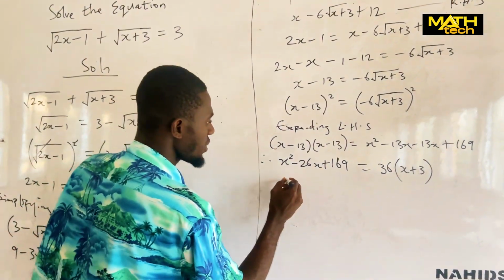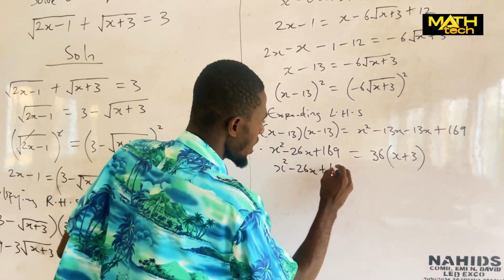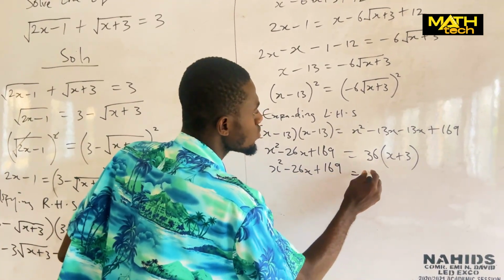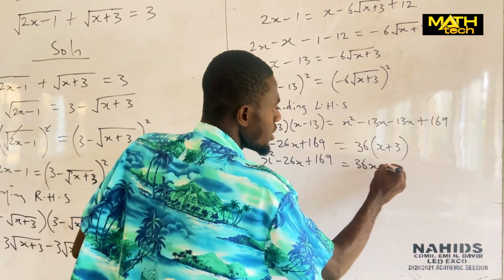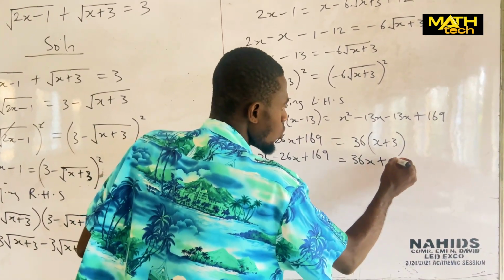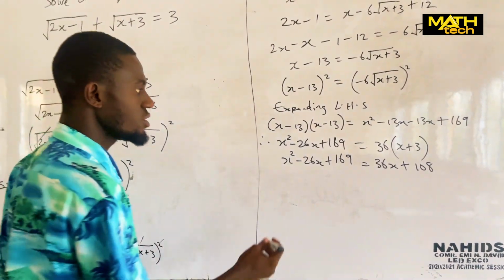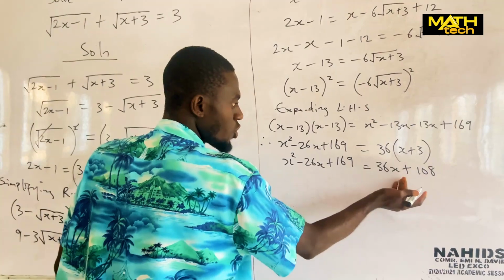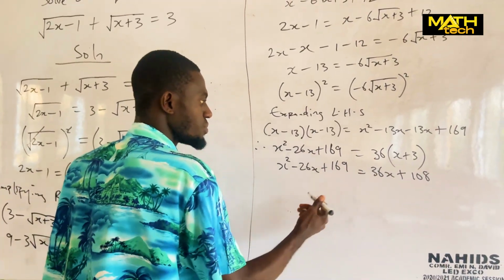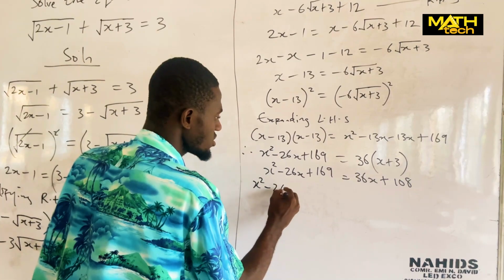So solve, and we have x squared minus 26x plus 169 equal to 36x, using this 36 to multiply the bracket, plus 10x. So solving further, we can bring these common terms to the left hand side, and we have x squared minus 26x.